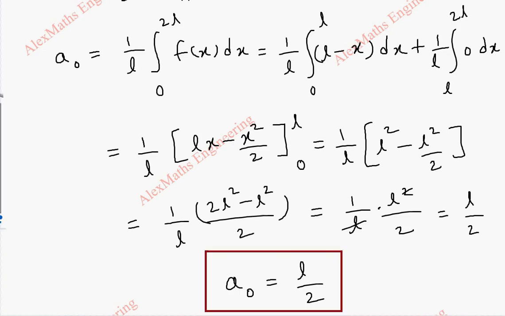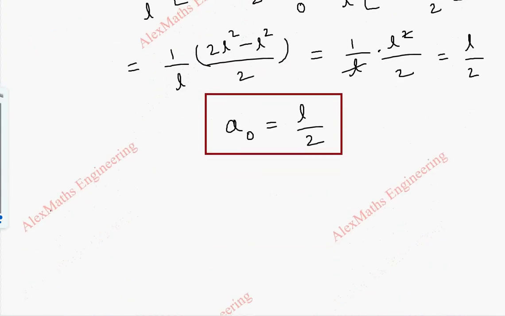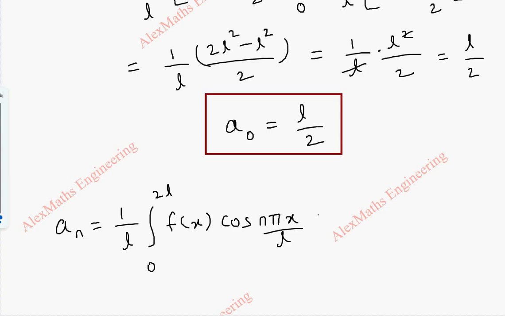Now second part, we are going to find an, and an formula is 1 by L integral 0 to 2L f of x into cos n pi x by L dx.